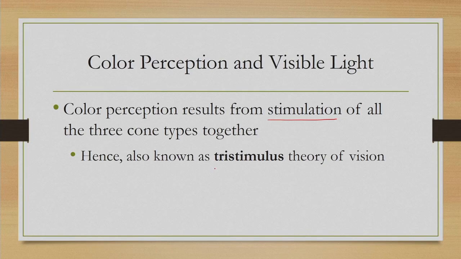Now, this theory which tells us how we perceive color is also known as the tri-stimulus theory of vision, because the basis of it is the idea that there are three cone types and these three get stimulated to give us the perception. So, it is called tri-stimulus theory of vision. We will come back to this idea later. So, that is in a nutshell how we perceive color.